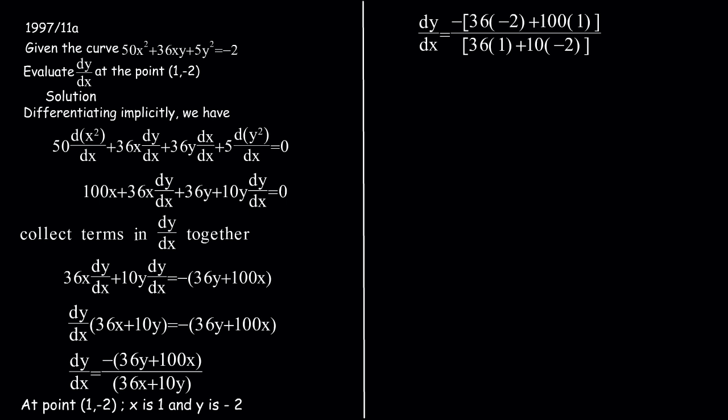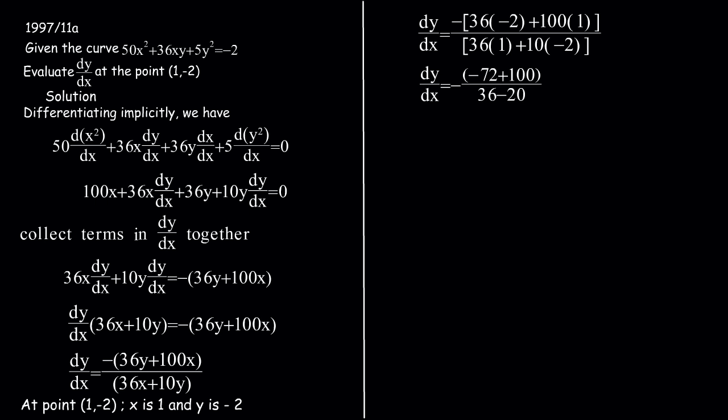Now simplifying further, dy over ds will be equals to minus 36 times minus 2 is minus 72 plus 100 times 1 is 100. So it's minus 72 plus 100 divided by 36 times 1 is 36 minus 10 times minus 2 gives us minus 20.